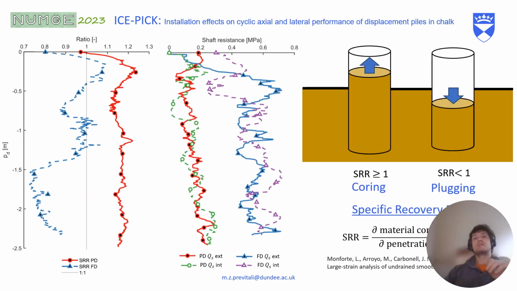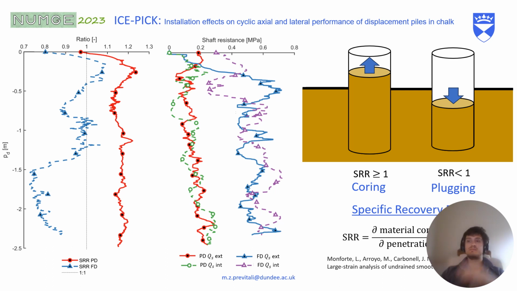What does it mean? So a stick-slip mechanism means that the material gets stuck to the edge of the pile, and then a force keeps increasing between the material and the pile until the force is high enough that the material moves quickly and just slips inside the pile, causing an inversion in the ratio of internal to external shaft friction.